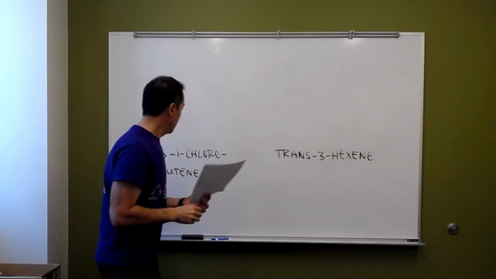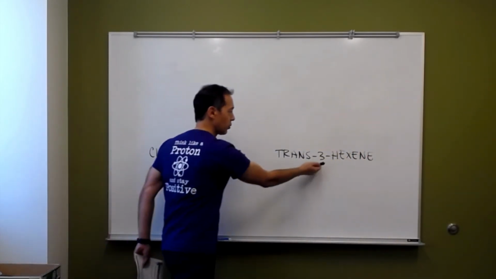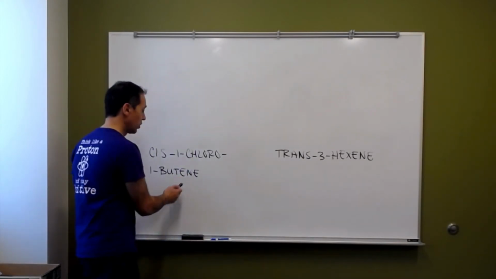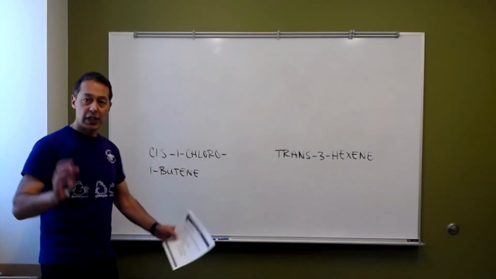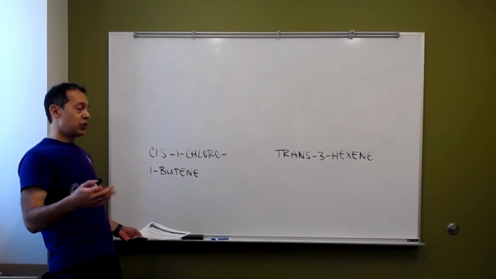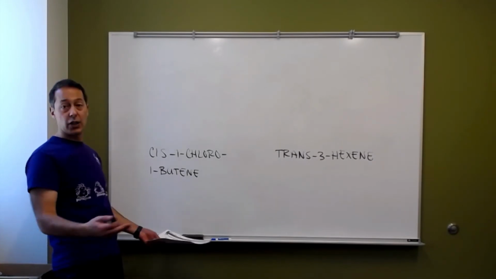Trans-3-hexene. It might be easier to do this one first, but here, stop the video and see if you can draw these, and then we'll come back and try it together.